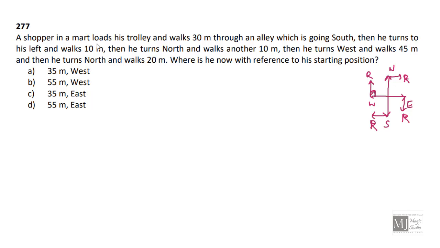Let's read it again. A shopper in a mart loads his trolley and walks 30 meters going south. Shopper at A, 30 meters south. Then he turns to his left.